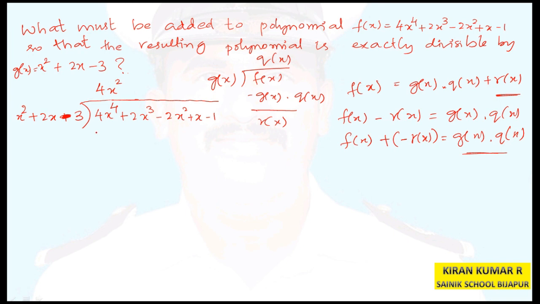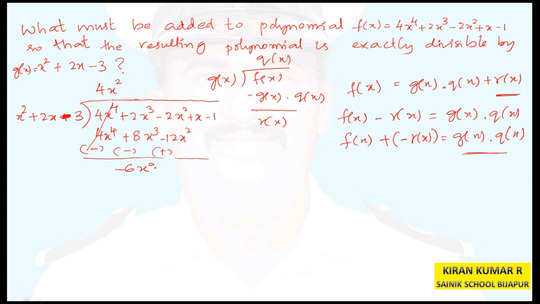I'll get 4x to the power 4, plus 8 times of x cube minus 12 times of x square. Change their sign. Add them. This gets cancelled. Plus 2 minus 8. The resulting number is minus 6.